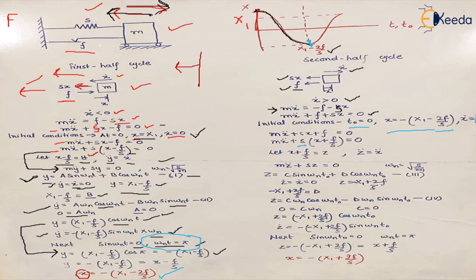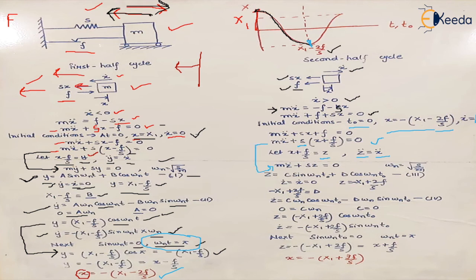Similarly, in this equation we can write it this way. If you take s common, it becomes m x double dot plus s times x plus f upon s is equal to 0. Let's assume that x plus f upon s is denoted by a term z. So the acceleration of z will be equal to the initial acceleration, that is, z double dot is equal to x double dot. So this equation can be written in this form.